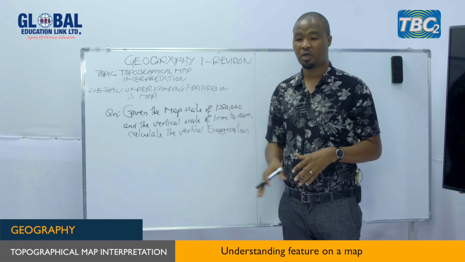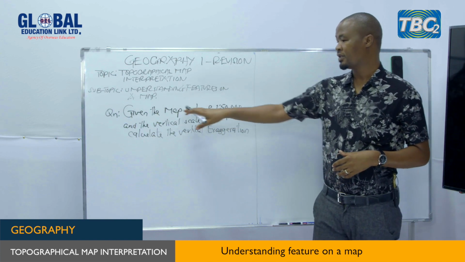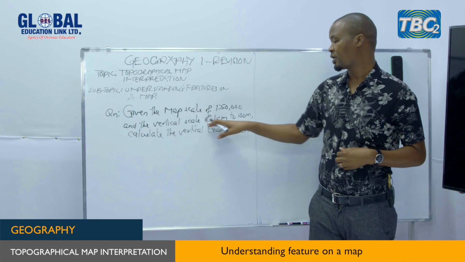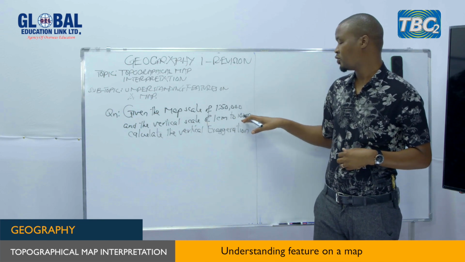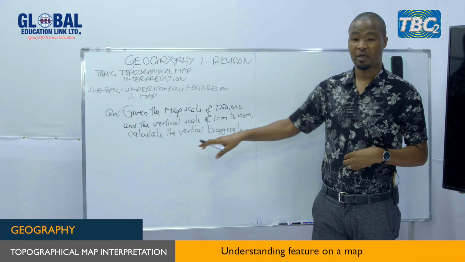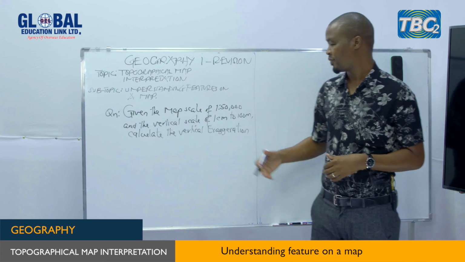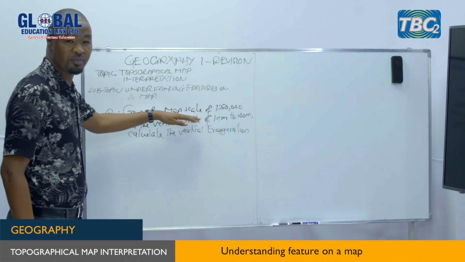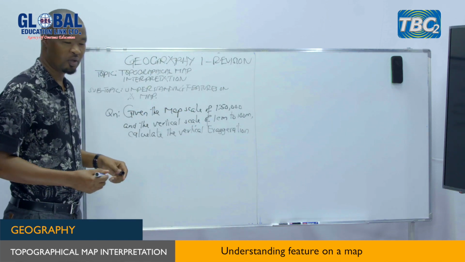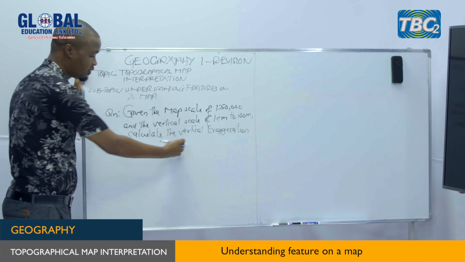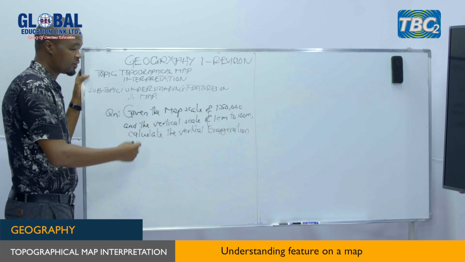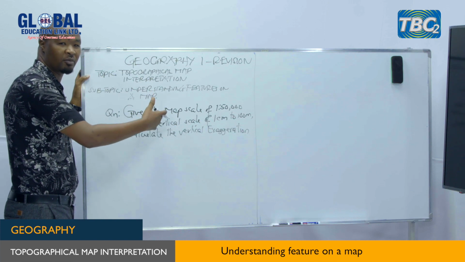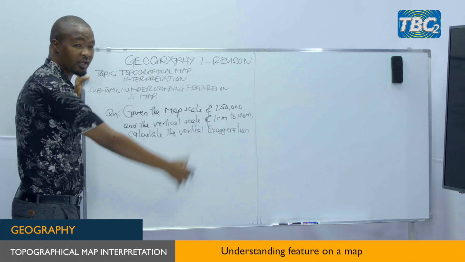A simple question like this one. Given the map scale of 1:50,000 and the vertical scale of 1 centimeter to 100 meter, calculate the vertical exaggeration. Remember, I told you the vertical exaggeration refers to the number of times by which the vertical scale is larger than the horizontal scale.